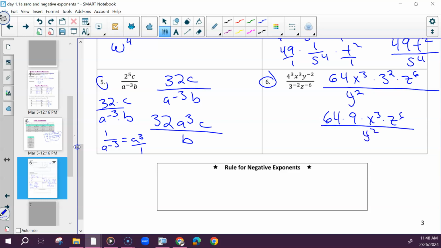And then we have to multiply 64 and 9. 576. 576 x to the 3rd, c to the 6th, all over y squared.